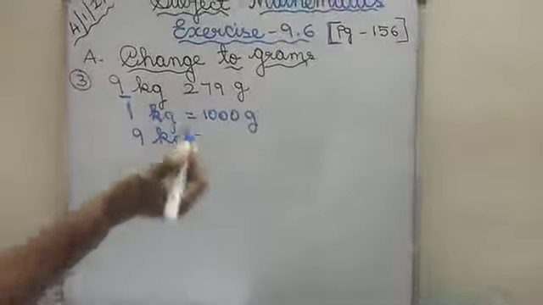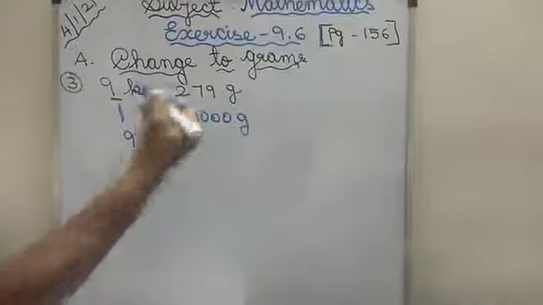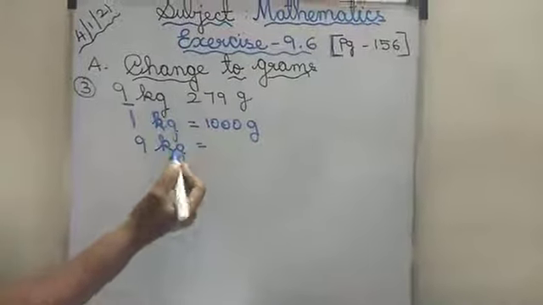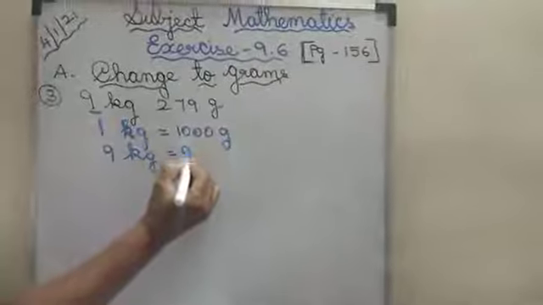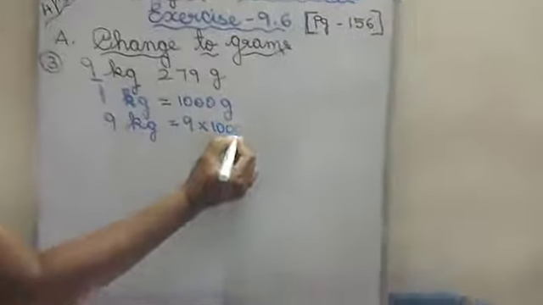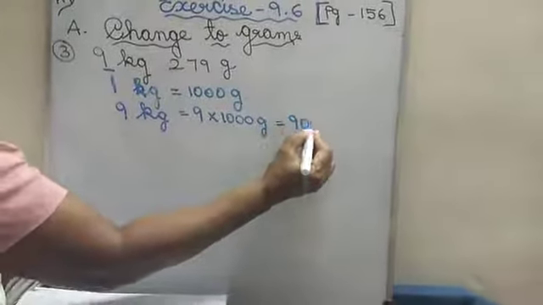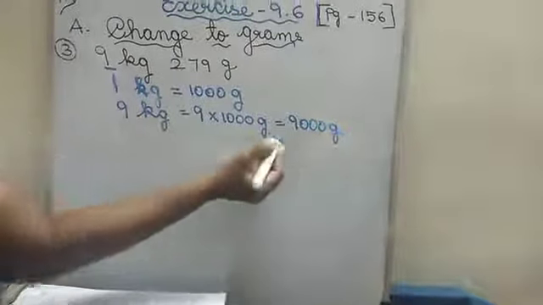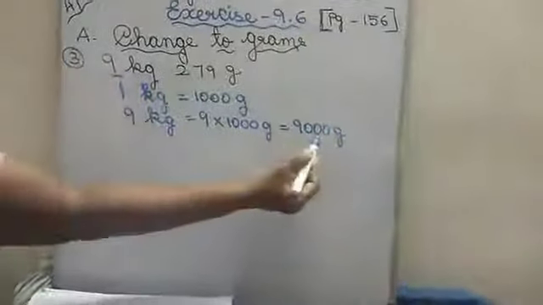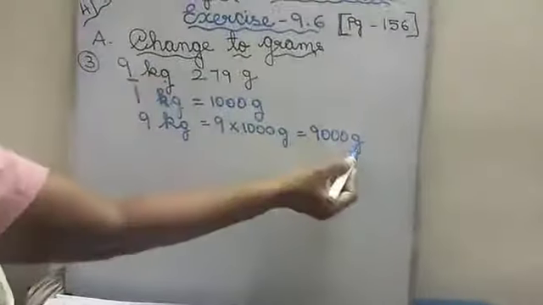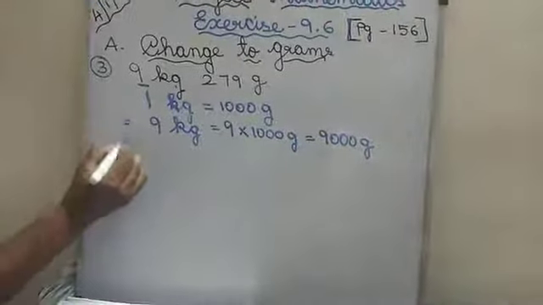If you are very well versed in these sums, you can write directly 9000. But those who didn't understand, for them only I am writing like this. So 9 into 1000 gram is equal to 9000 gram. So we have converted this 9 kg into gram. Now what you have to do children?